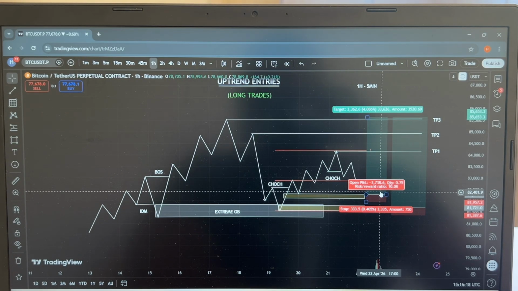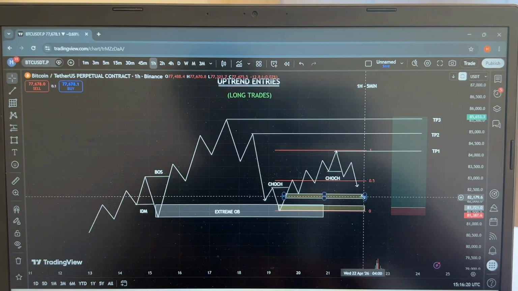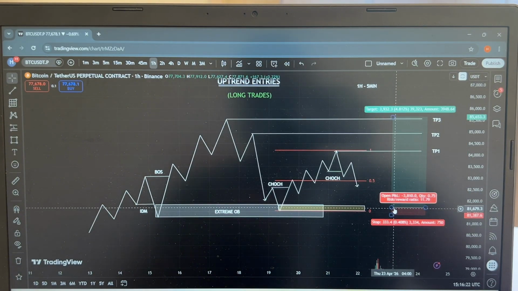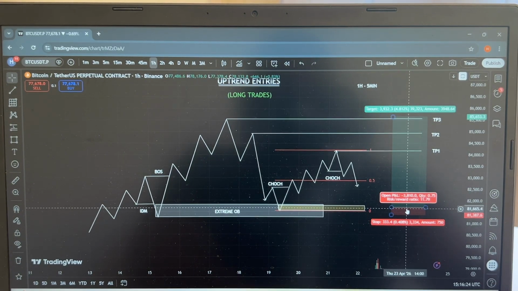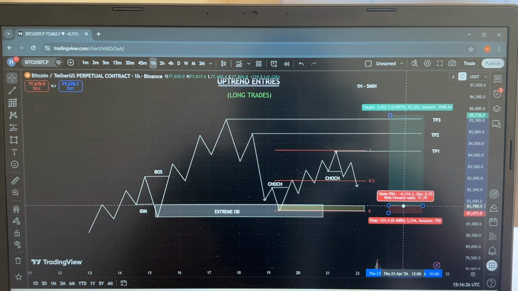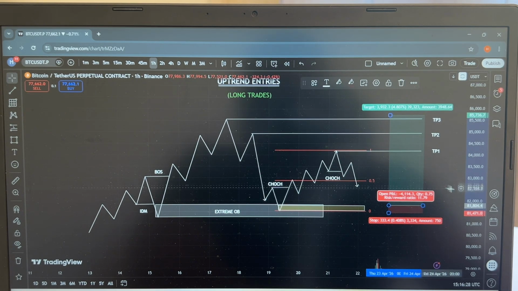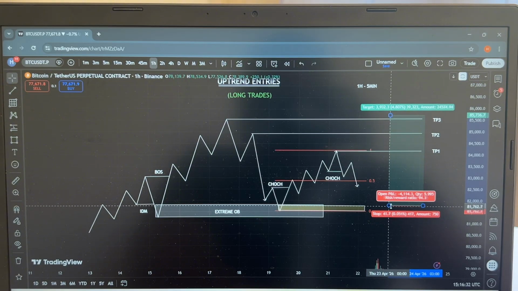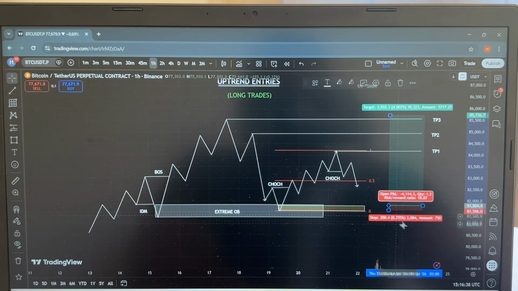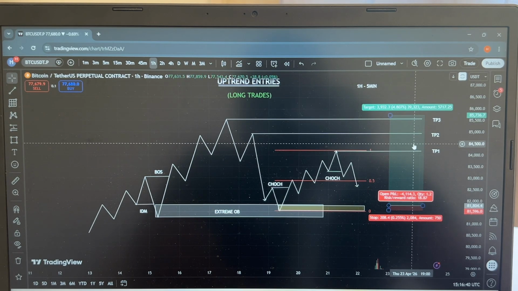Let's get rid of one for now, it's not complicating. Let's say you get into an entry somewhere over here, and once it hits TP1, you bring your stop loss to your entry level. Then you're going to hold it.